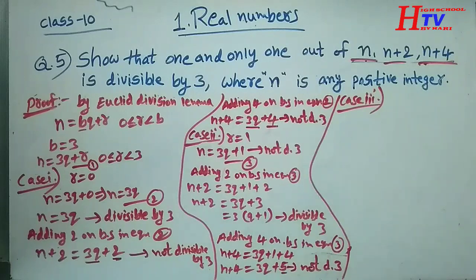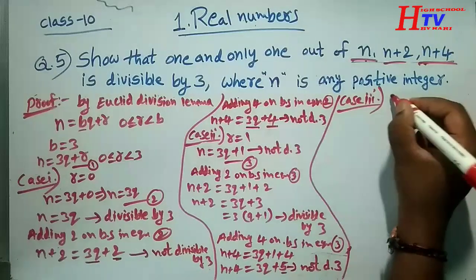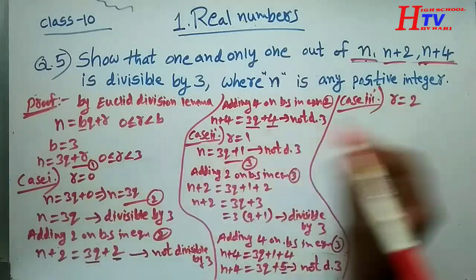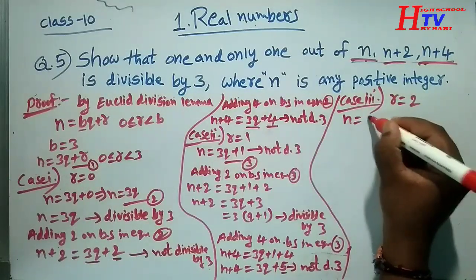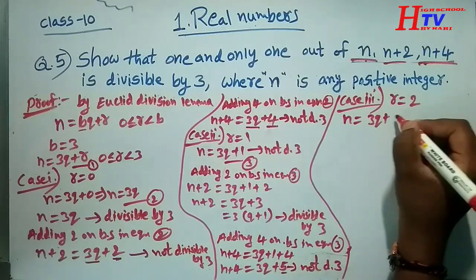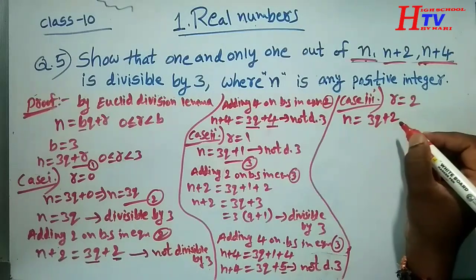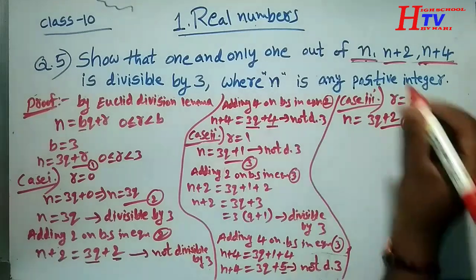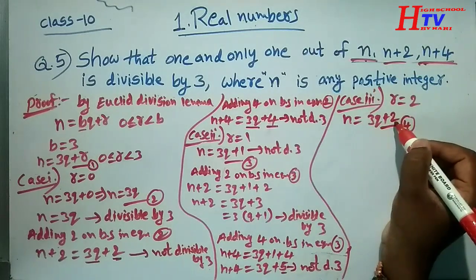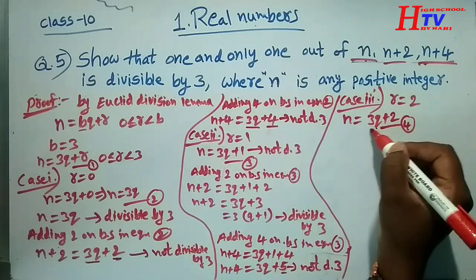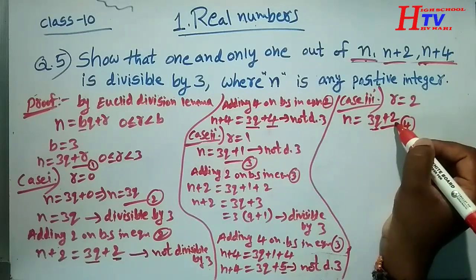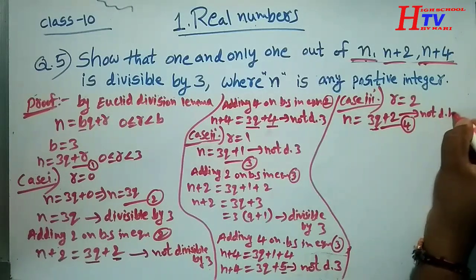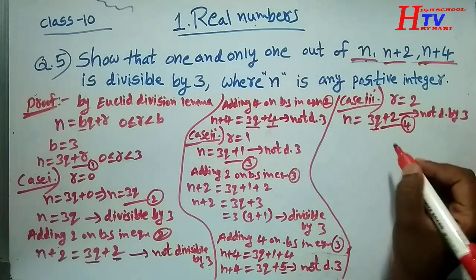Case 3. When r equals 2, equation 1 implies n equals 3q plus 2. Say it is equation number 4, n value equals 3q plus 2. It is a multiple of 3 and it is not a multiple of 3. Hence it is not divisible by 3.